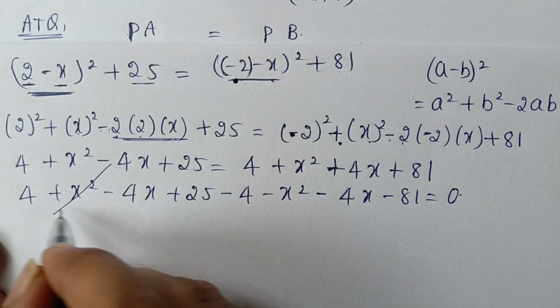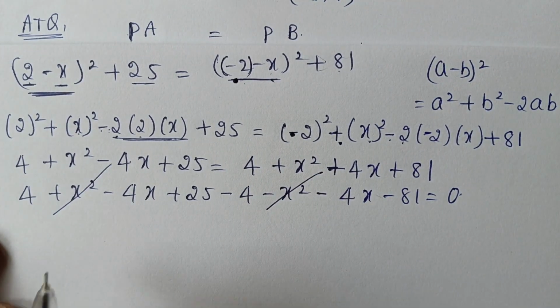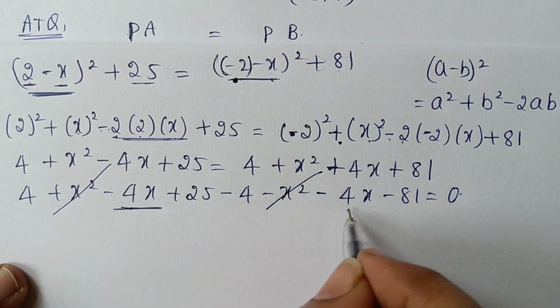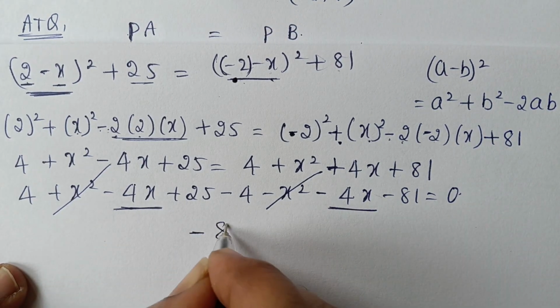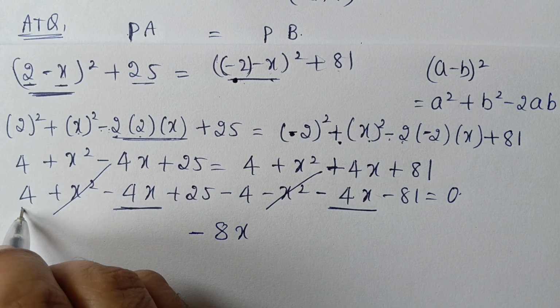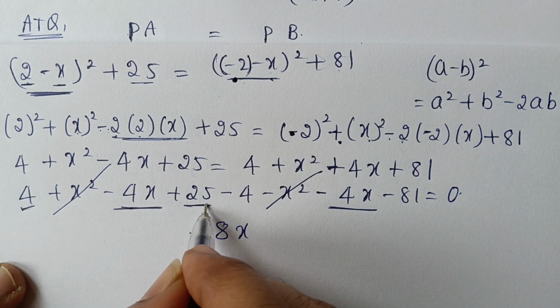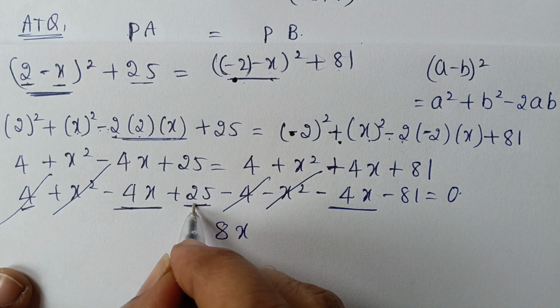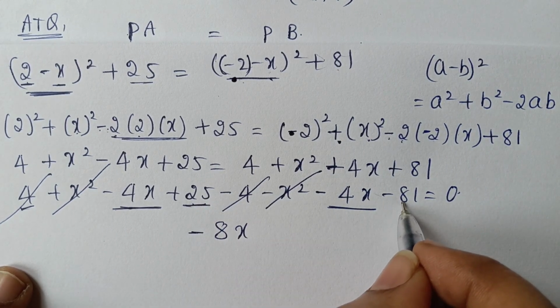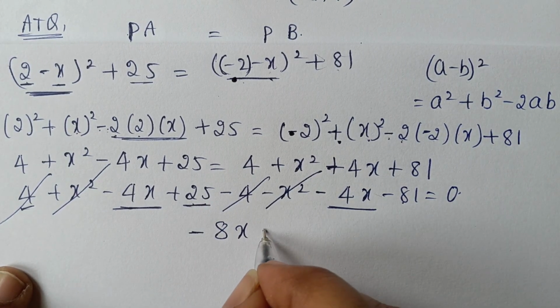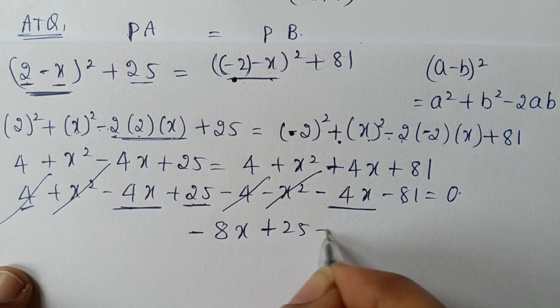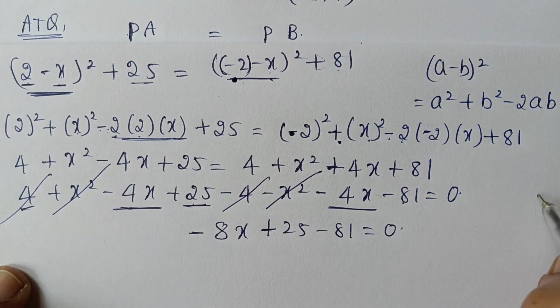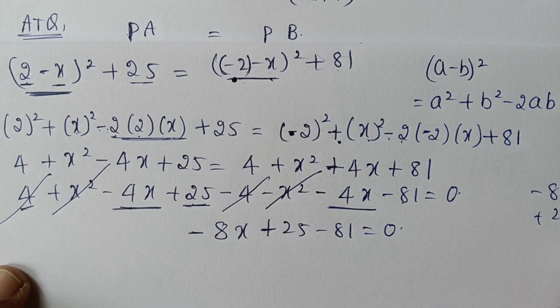Here x square minus x square cancel. Now minus 4x minus 8x, then 4 plus 25 is 29, 4 minus 4 cancel, 25 minus 81 we get, plus 25 minus 81 is equal to 0, minus 81 plus 25, different sign, subtraction.